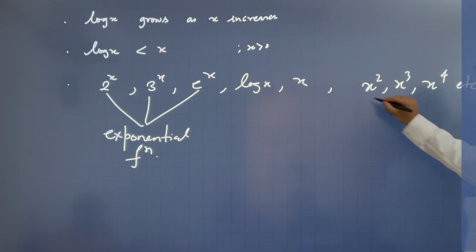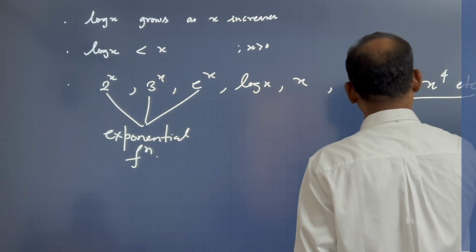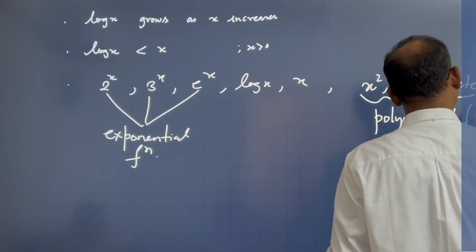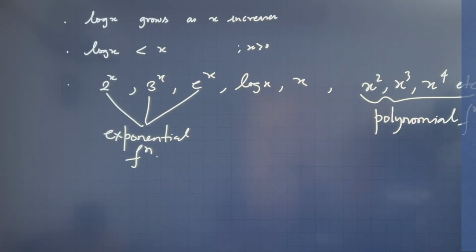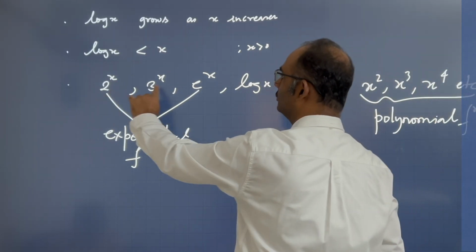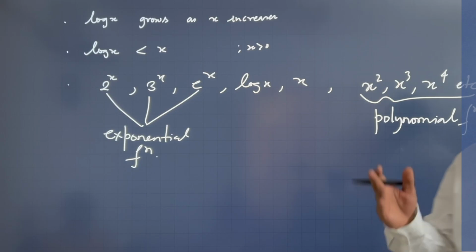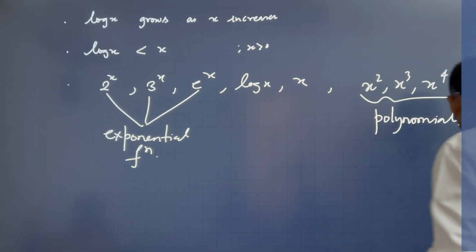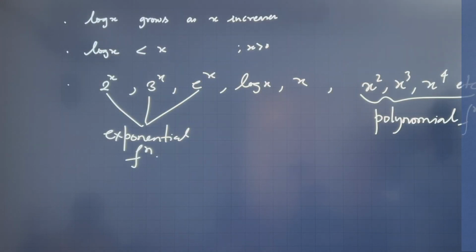So I want to compare the growth of polynomial functions with exponential functions. And instead of looking at these two, I will just look at e power x, because that captures how exponential functions grow. Is the goal clear? Yes. So let's do that.